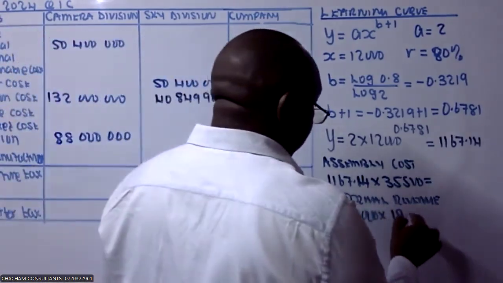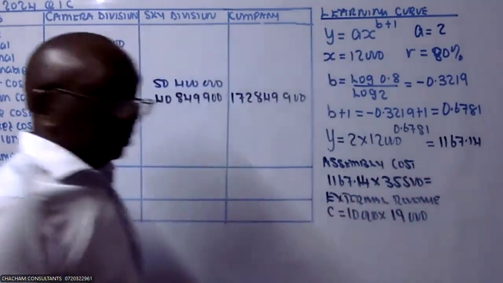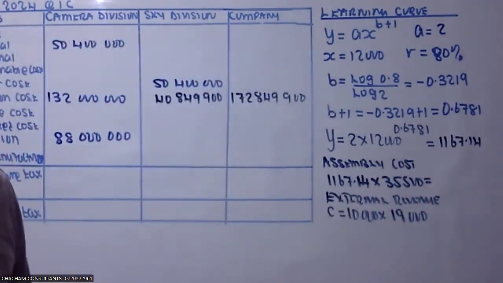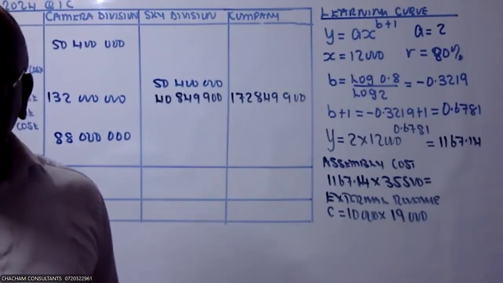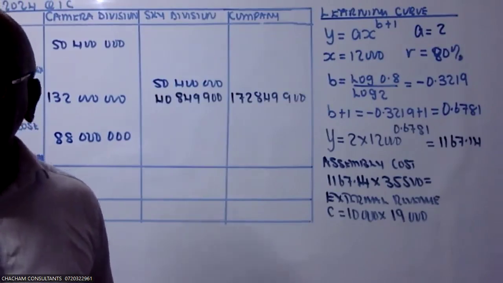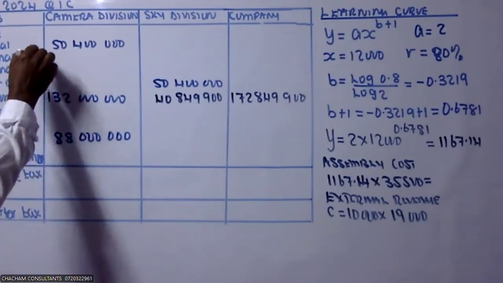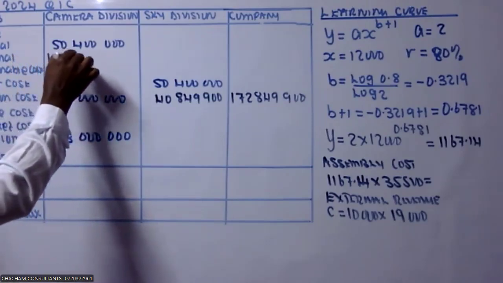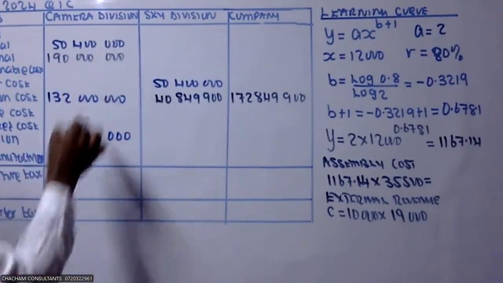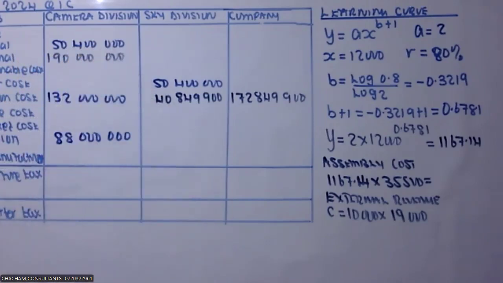When you work out 10,000 times 19,000, you get 190 million. So that you put here, 190 million.